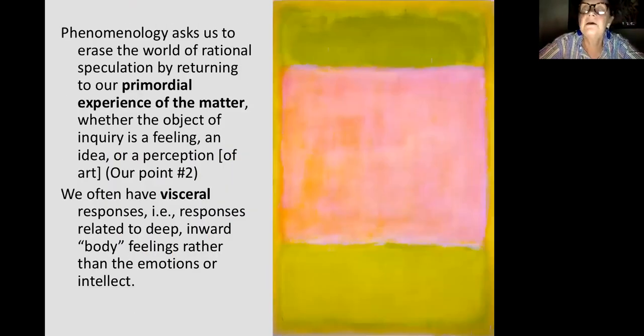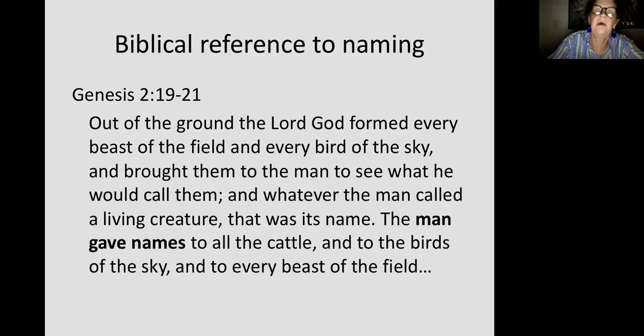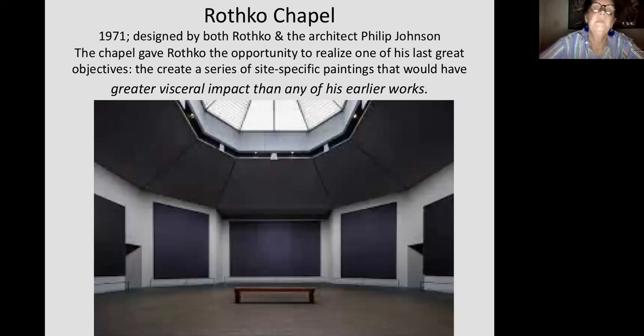The unique auric presence of this painting, we don't have a name for that. But we do have strong physical feelings in response to the painting. So phenomenology is trying to help us negotiate that problem. We have all these experiences that we don't know how to name.